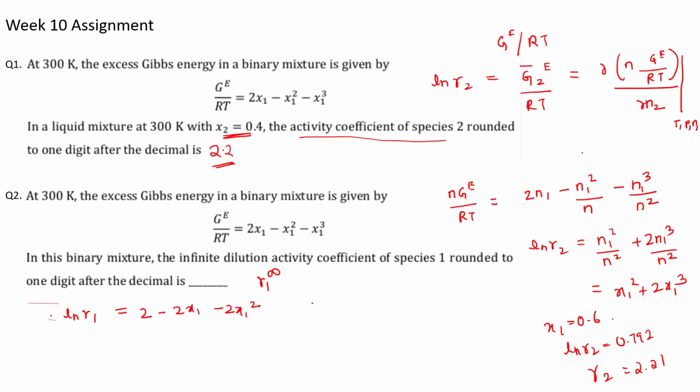This is in the similar way that we have done in the first question. Now what is gamma 1 infinity? Ln gamma 1 infinity is equal to the limit x1 tends to 0 of ln gamma 1, which is equal to 2. Therefore, gamma 1 infinity is equal to 7.39. These are two simple questions out here.